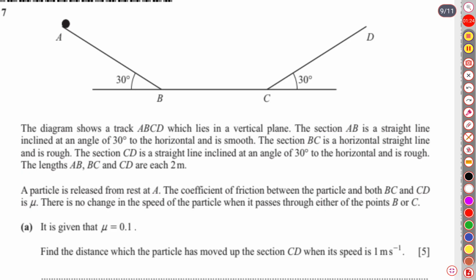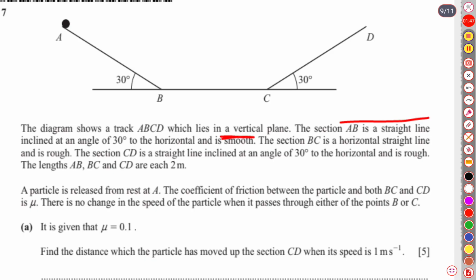So it's one of the longest questions. Well, step by step we will have to solve this question. First of all, we will have to understand that among these three parts, part AB, the straight line AB, is smooth.